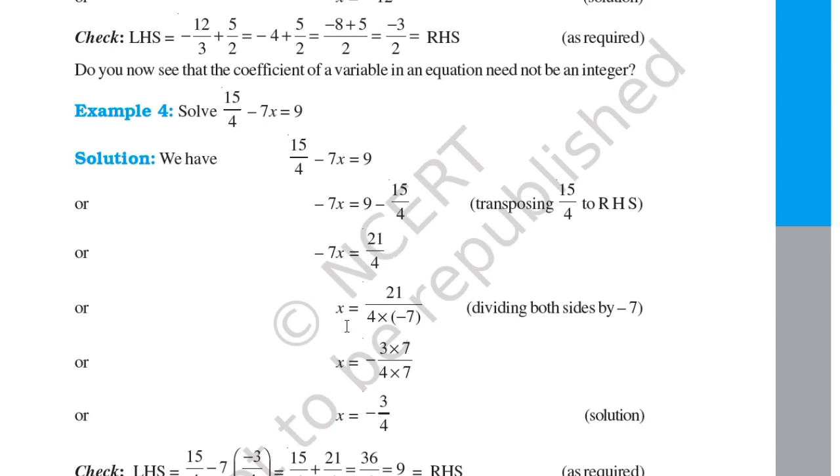Now when you divide by minus 7 on both sides to eliminate this, you will get minus 7 in the denominator. So we are splitting 21 as 3 into 7 to make the calculation easier. So we'll cancel 7 and 7. So the value of x is coming out as minus 3 by 4.